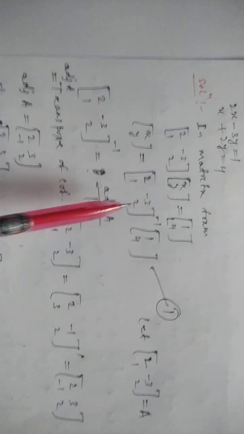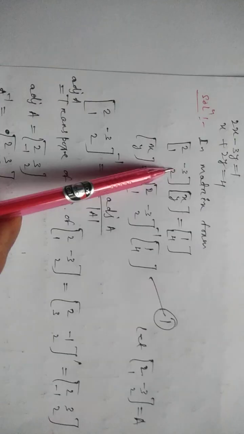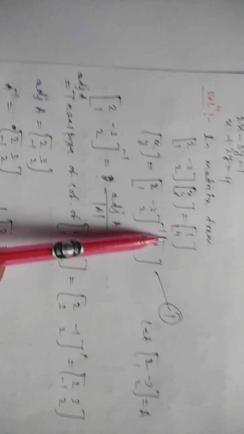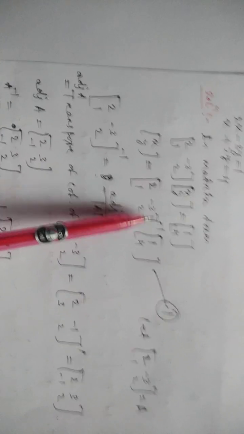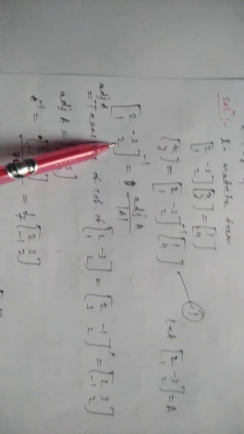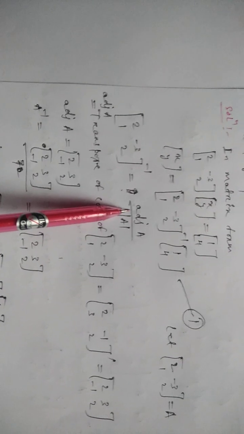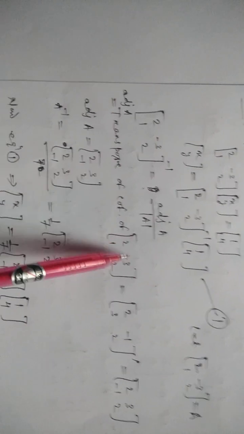So if I write the matrix x y, then it will be divided on the other side. That means we have to calculate the inverse of this matrix into this. Again we know how to calculate the inverse of a matrix, that is adjoint of this matrix divided by mod of that matrix. Adjoint is again transpose of cofactor of that matrix.